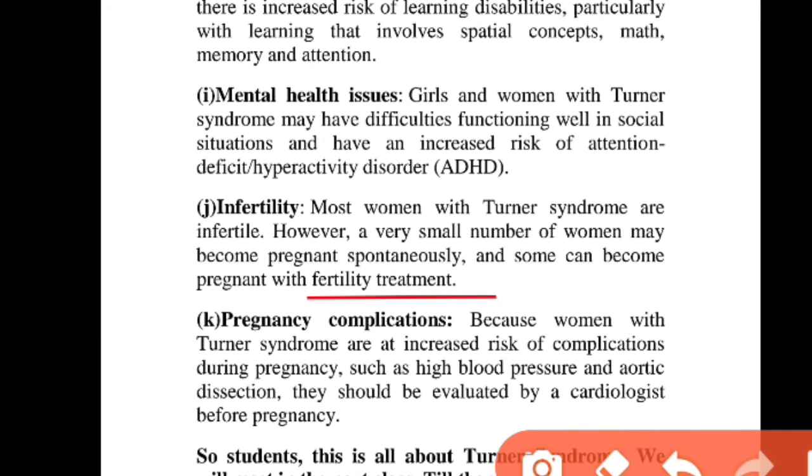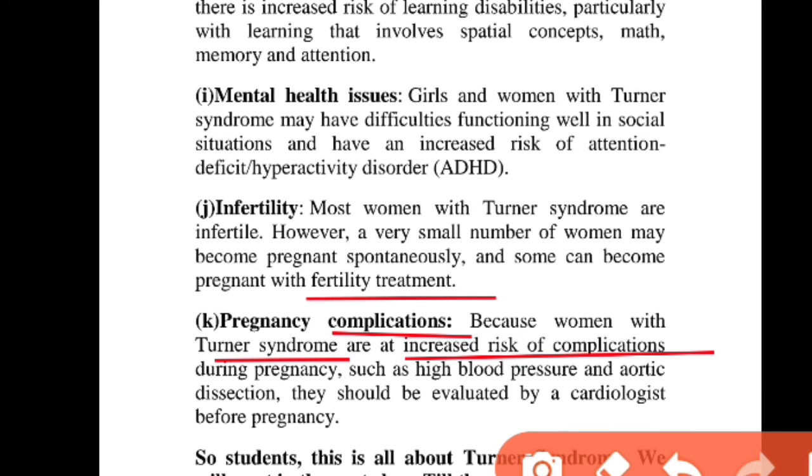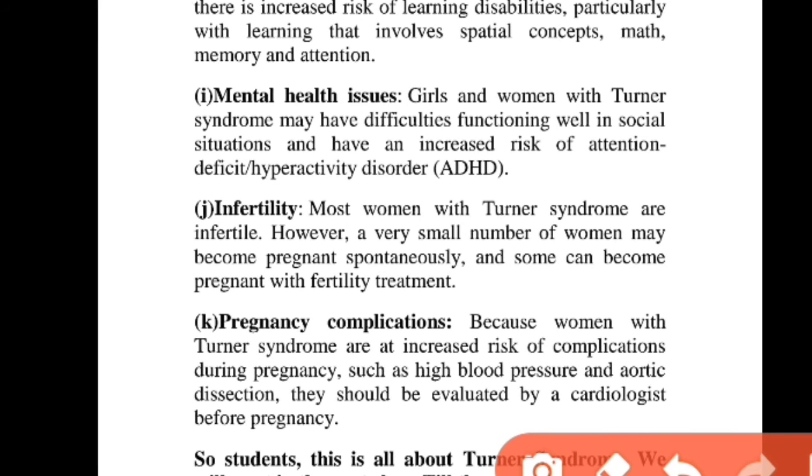The final, 11th complication is pregnancy complications. So students, women with Turner syndrome are at increased risk of complications during pregnancy, such as high blood pressure and aortic dissection, as found in research studies. They should be evaluated by a cardiologist before pregnancy.